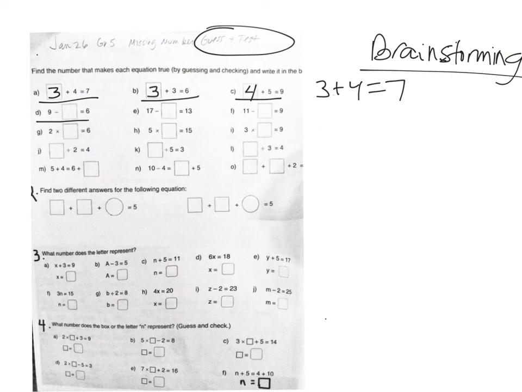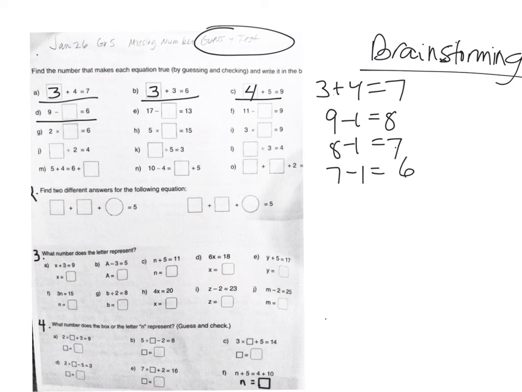All right, D, 9 subtract an unknown number is 6. So you might start off with 9 and you might think in your mind, okay, if I take away 1, I'll end up with 8. And if I take away 1 again, I end up with 7. If I take away 1 again, I end up with 6.